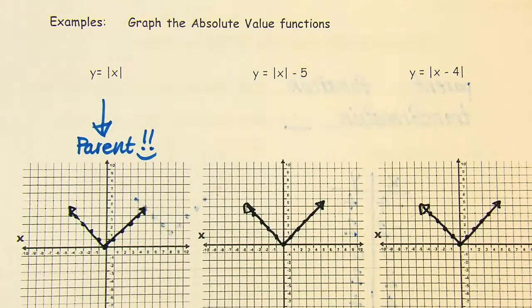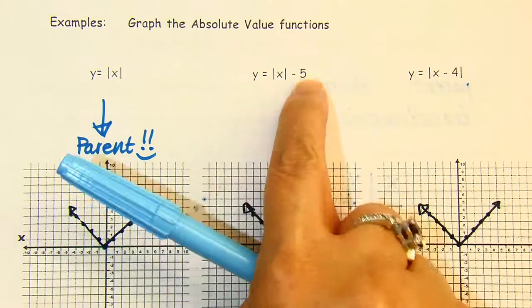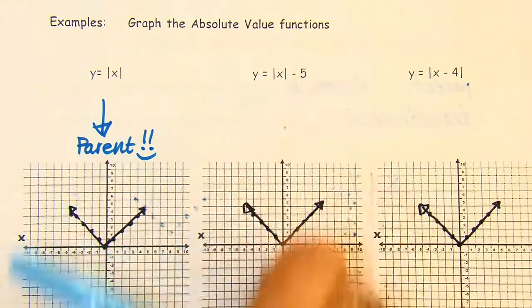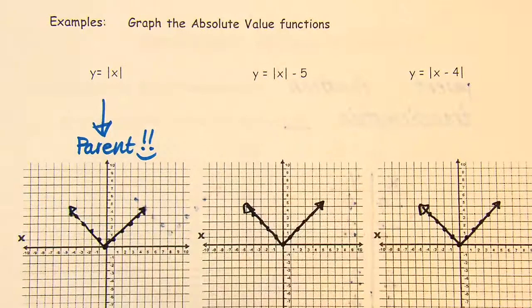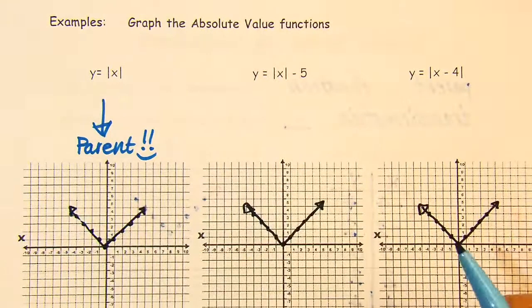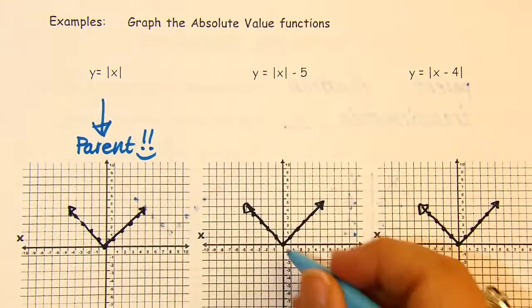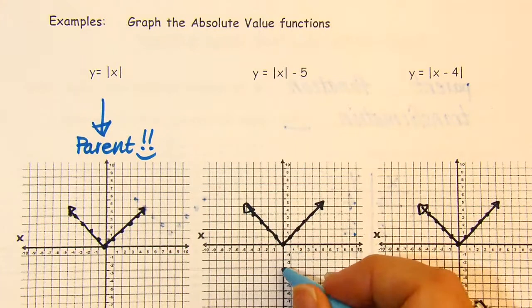All right, this one. y equals the absolute value of x, and then subtract 5. So you tell me, what is your guess? Do I move this thing up, down, left, or right? You say, well, it's not grouped in here with x. It's away from x. So it definitely is a y-axis shift. And it's negative, so we're going to shift 5 units down. So I'm down here, 1, 2, 3, 4, 5.